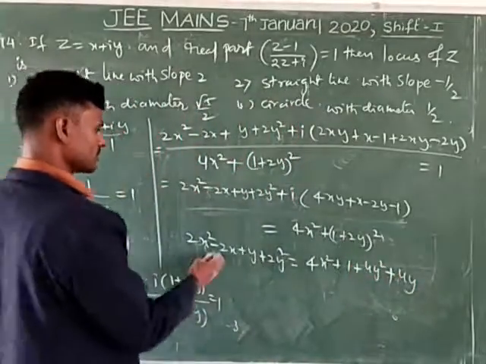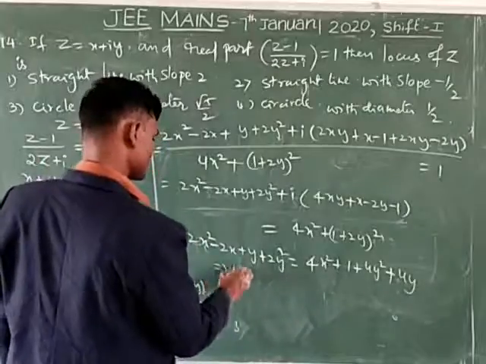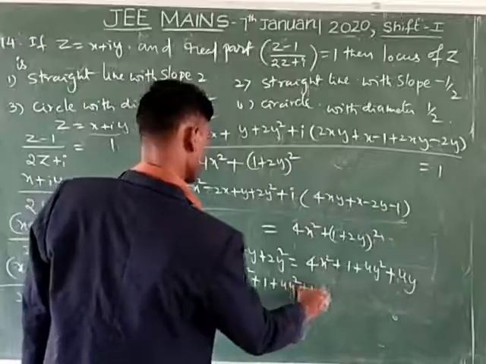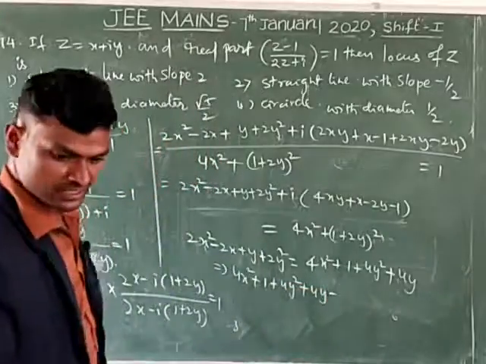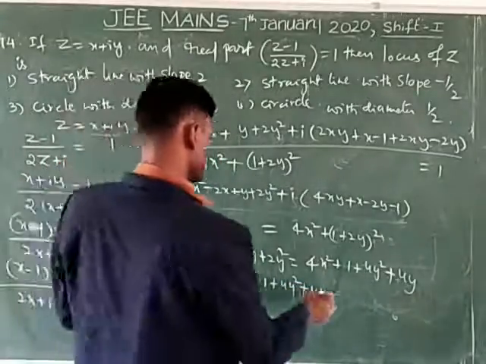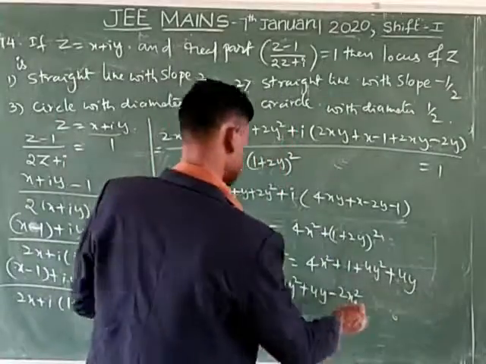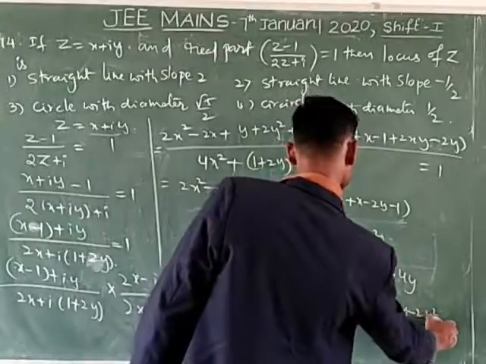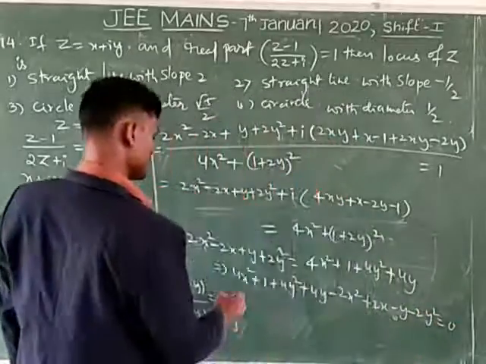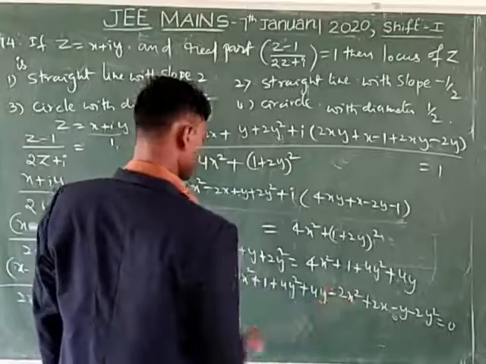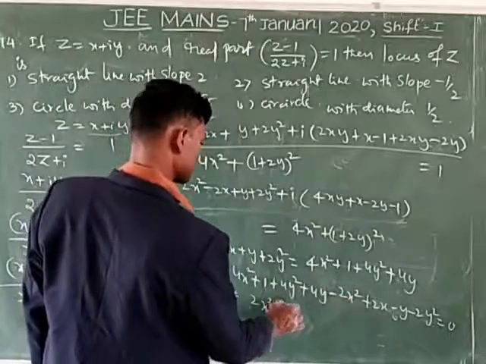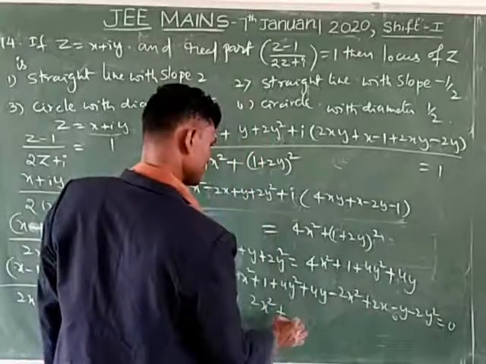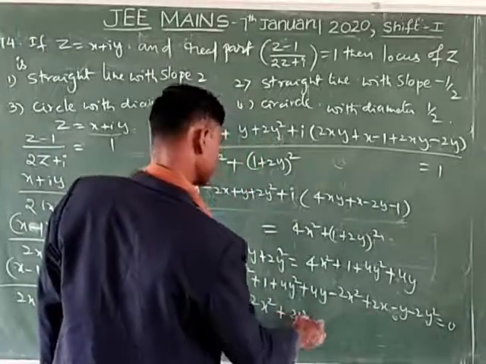Now take all terms to one side: 4x square plus 1 plus 4y square plus 4y minus 2x square plus 2x minus y minus 2y square is equal to 0. Now see here: 4x square minus 2x square is 2x square, 4y square minus 2y square is 2y square.